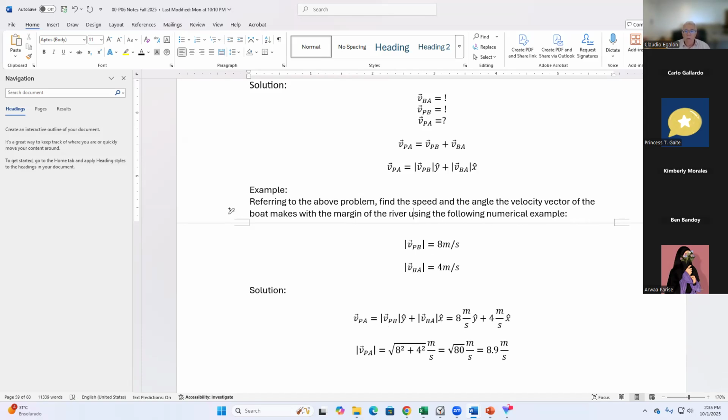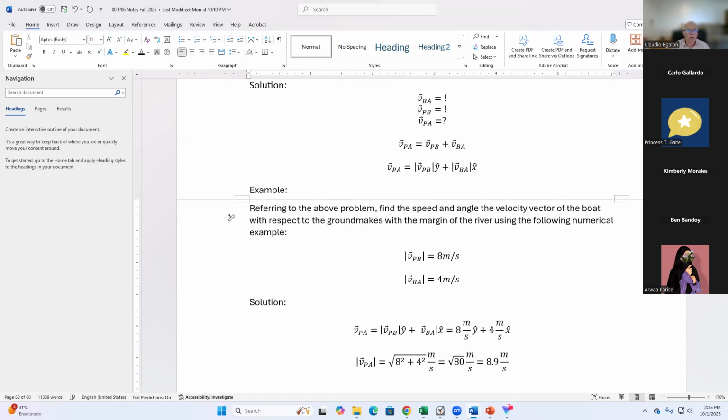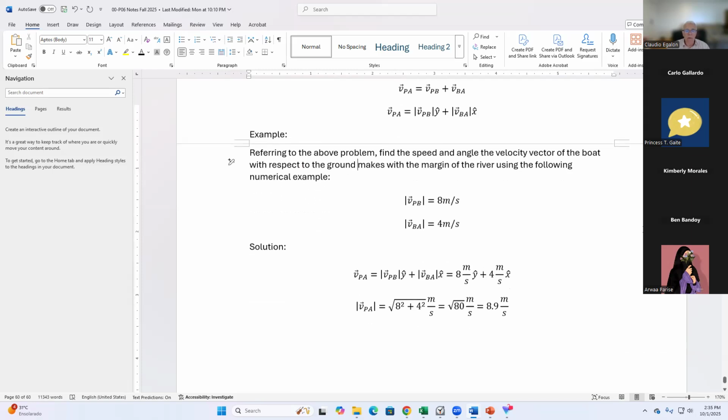Find the speed and the angle the velocity vector of the boat with respect to the ground makes with the margin of the river. Use the following numerical example.